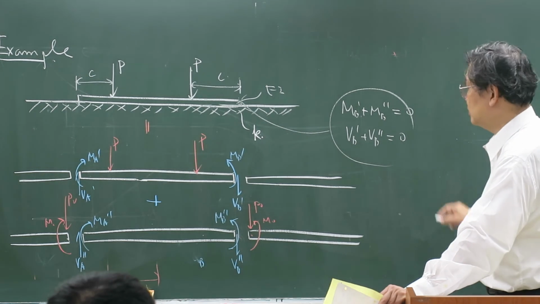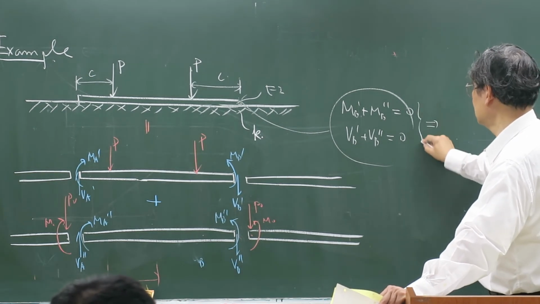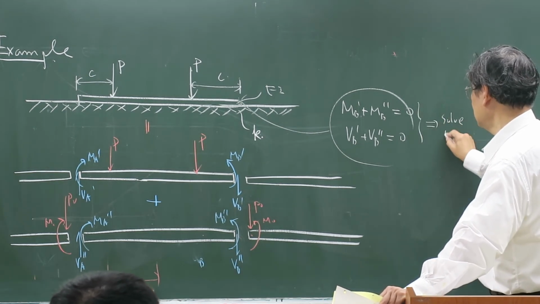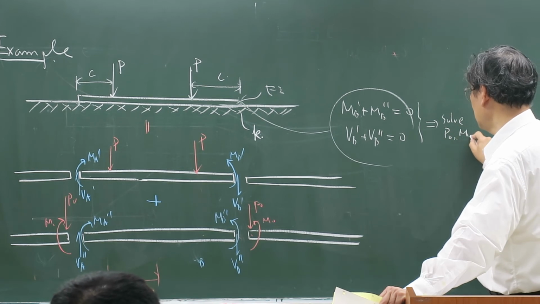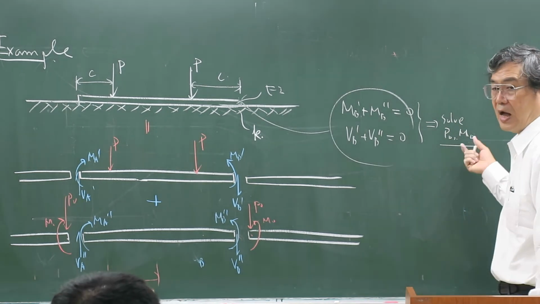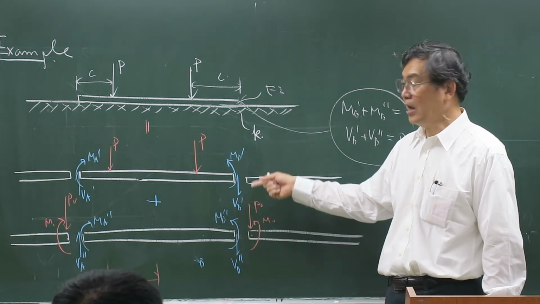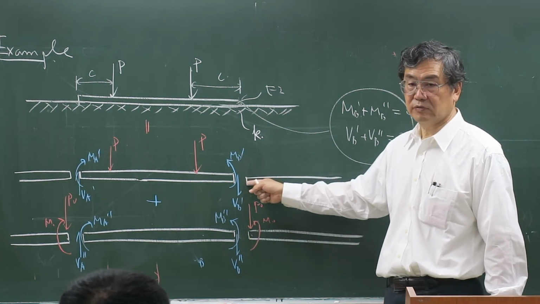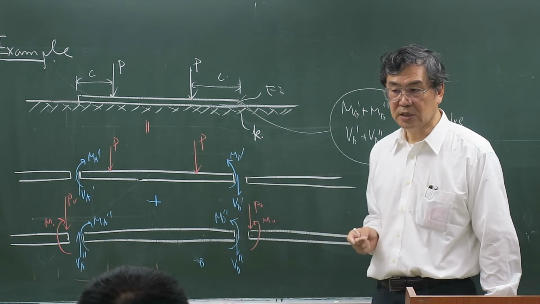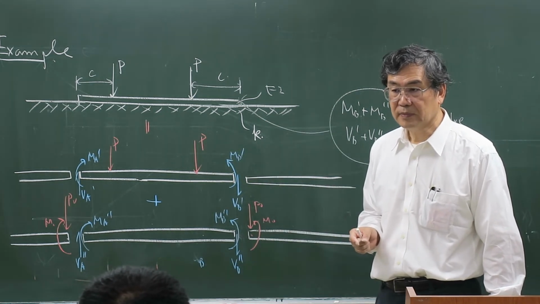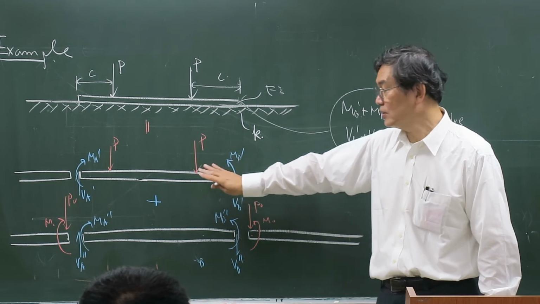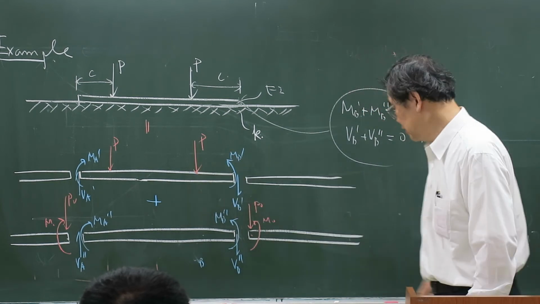Okay, so let's solve. How much P0 and M0 do I have to put in here to cancel the internal force due to this 2P? This one is different from the previous one. We have 2P.